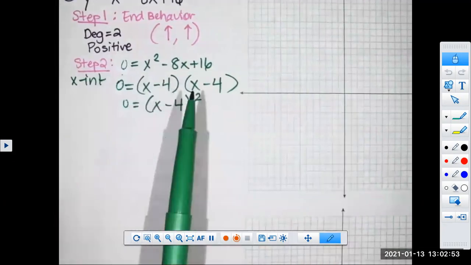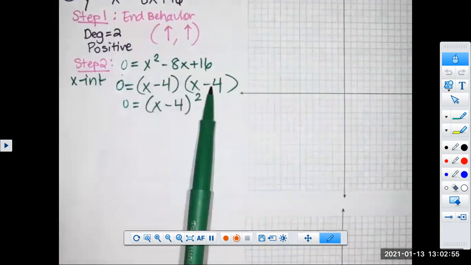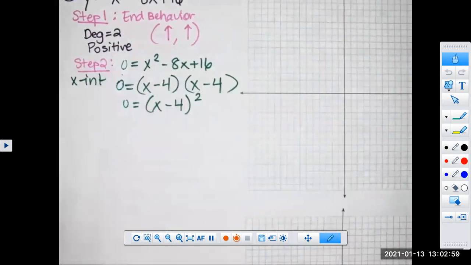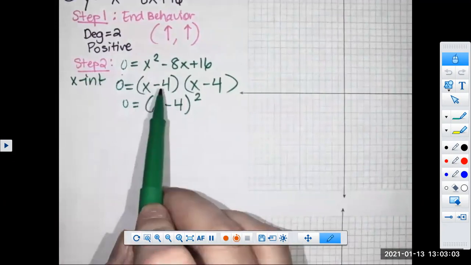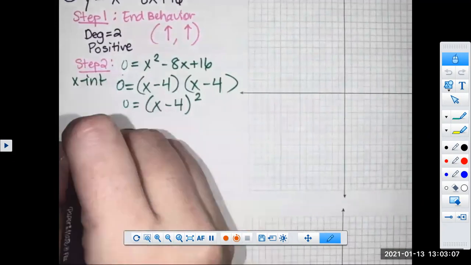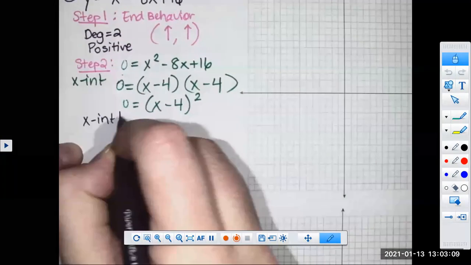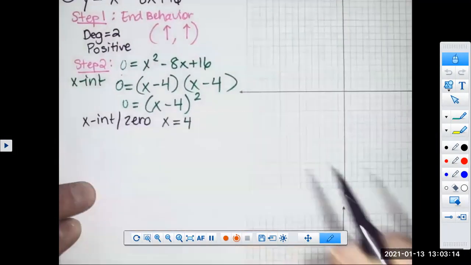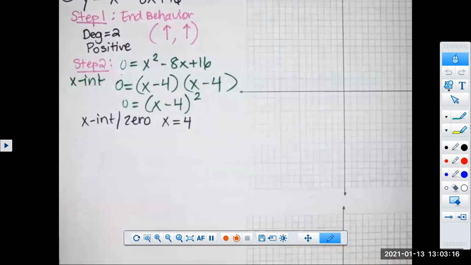All you have to do now is take each factor, which they're both x minus 4, set it equal to 0 and solve. So what value would make this 0? 4. So your x-intercept or your zero is 4. So this graph should be crossing or touching and turning back at 4.